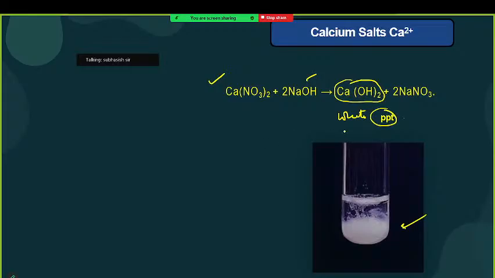No change in the precipitate. So calcium can be identified from this experiment, whether it is calcium nitrate or calcium chloride or whatever salt reacts with sodium hydroxide, the formation of white calcium hydroxide precipitate.